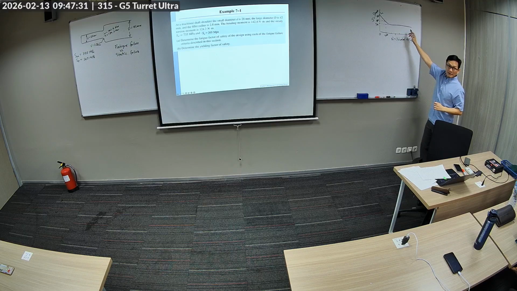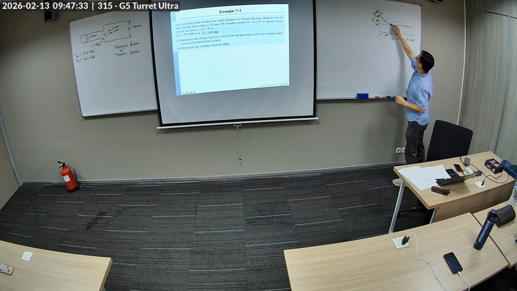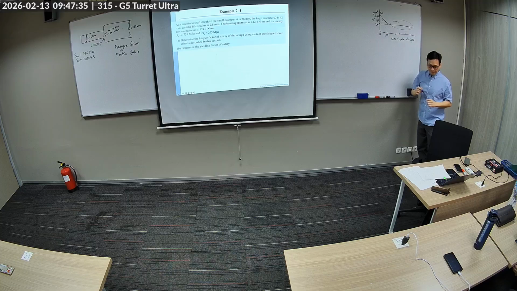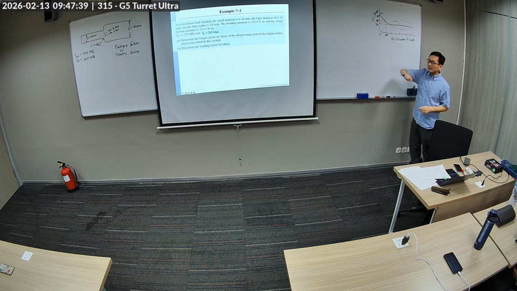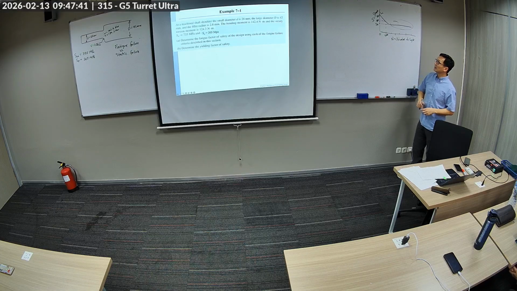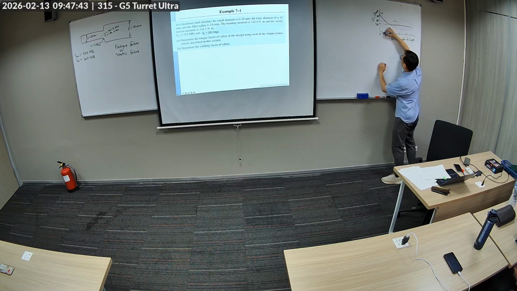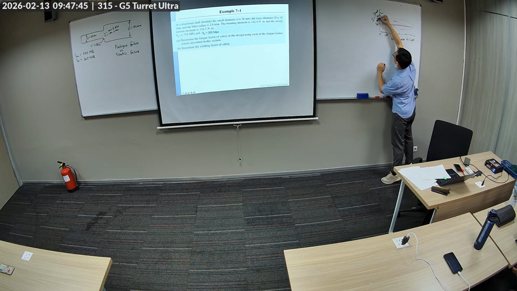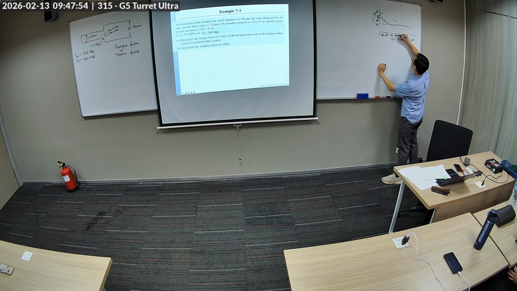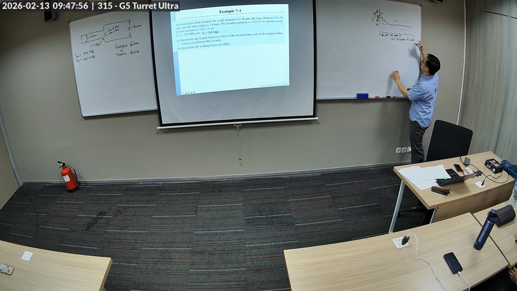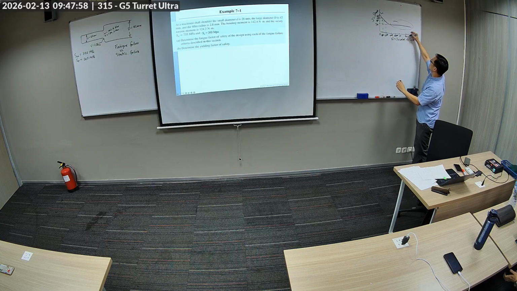You see the line? What does this mean? Like if I load it 400, its lifetime is 1,000. If I load it 550, its lifetime is 100. This is 10,000. This is 100,000. This is 1 million. This is 5 million. This is 10 million.